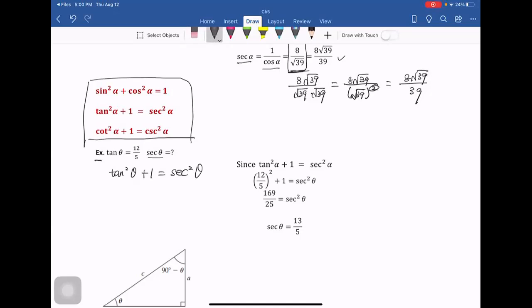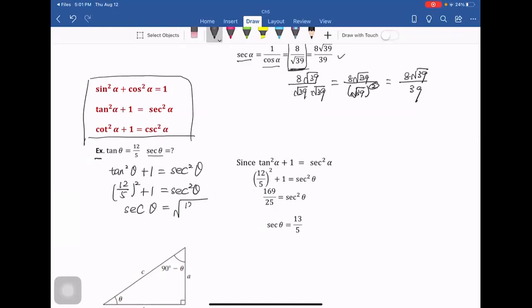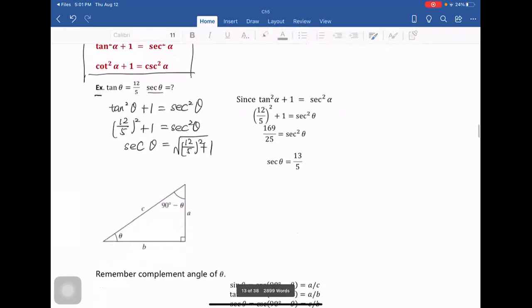So plug in the value of tangent theta: (12/5) squared plus 1 equals secant theta squared. So secant theta equals square root of (12/5) squared plus 1. Okay, let's move on.